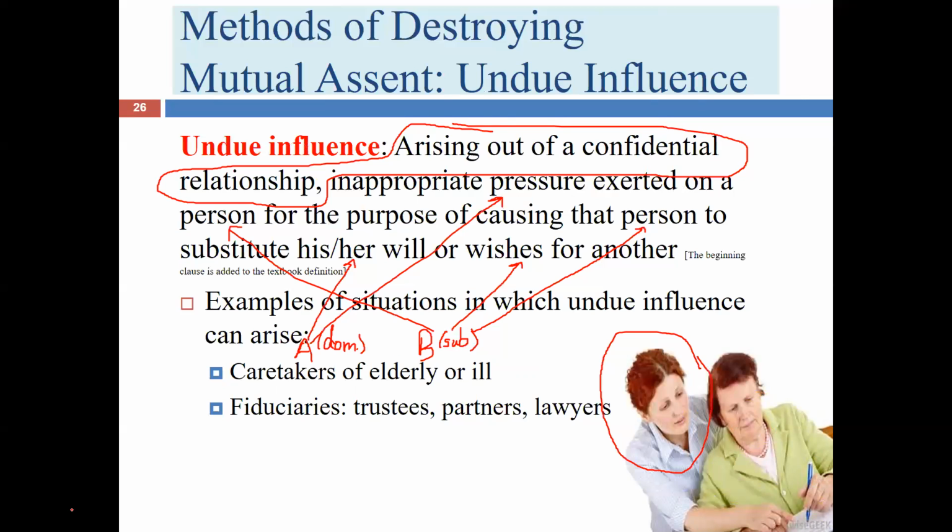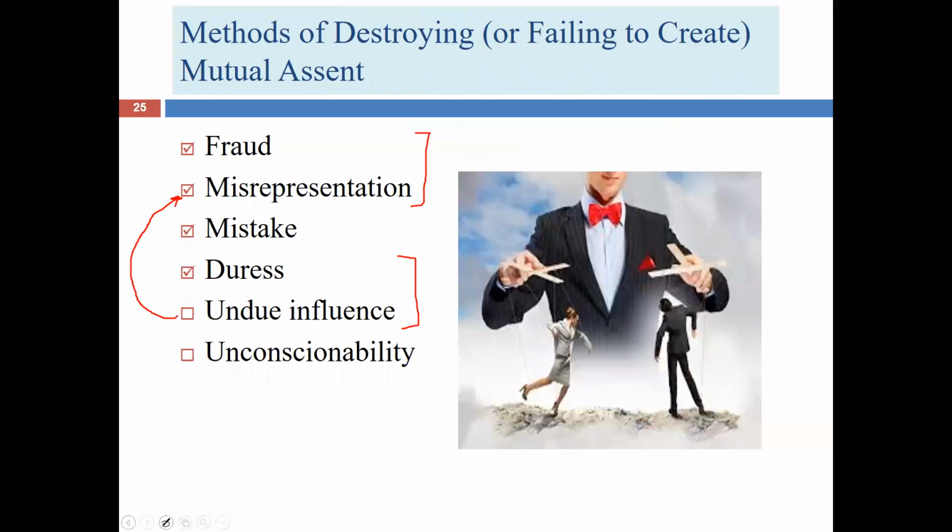Now notice in my scenario, I don't have this woman telling any lies. Obviously, if this woman had told lies, then we might be in a situation of fraud. Or if she made innocent misrepresentations, we might be in a misrepresentation situation. If she actually said to the woman, I won't give you your food or your medicine unless you sign, then we'd be in a situation of duress.